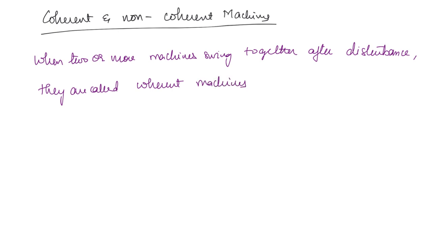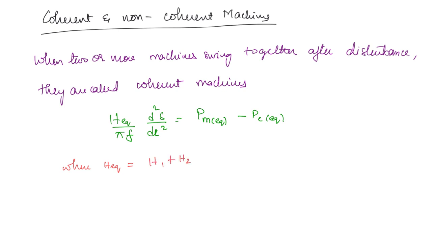So when these coherent machines are expressed on a common base MVA, the swing equation is going to look like this: H equivalent by pi f d square delta by dt square, which is equal to Pm equivalent minus Pe equivalent. So here what are these equivalent values? H equivalent is equal to H1 plus H2 plus so on till Hn.